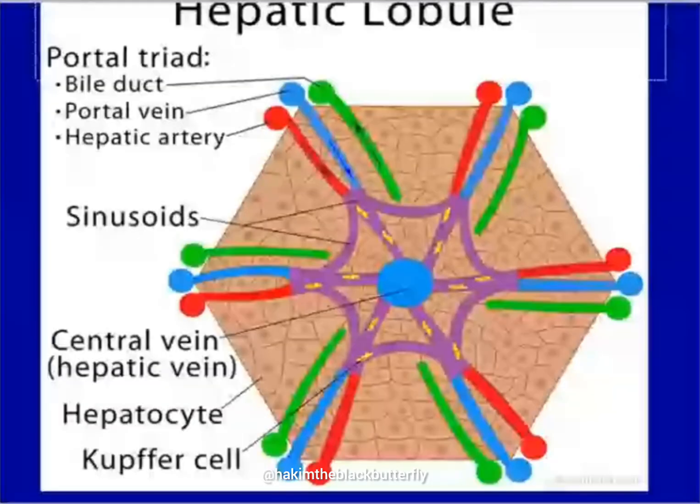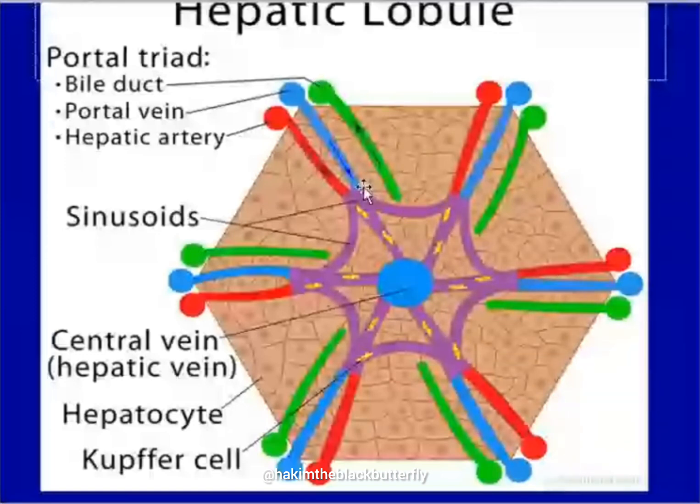So this is a simplified illustration showing us the central vein, the branch of the portal vein, the branch of the hepatic artery. You can see the sinusoids taking that blood towards the central vein. This blood is oxygenating, this blood is being detoxified. The cells of the liver manufacture bile and drain it through the bile canaliculi to the bile duct.